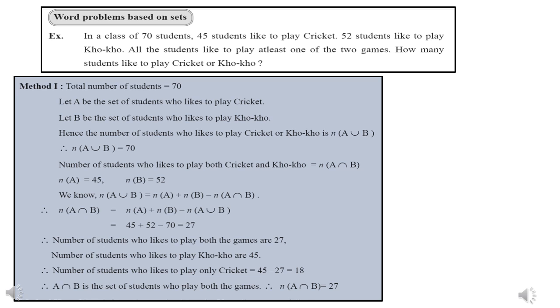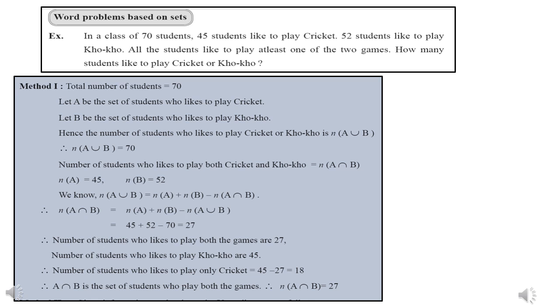Okay, 27 is the number of students who play both the games, and 45 is the number of students who play Kho-Kho. So 45 minus 27 will give me the number of students who play only cricket. Correct? So I'll get 18, which is the number of students who play only cricket.